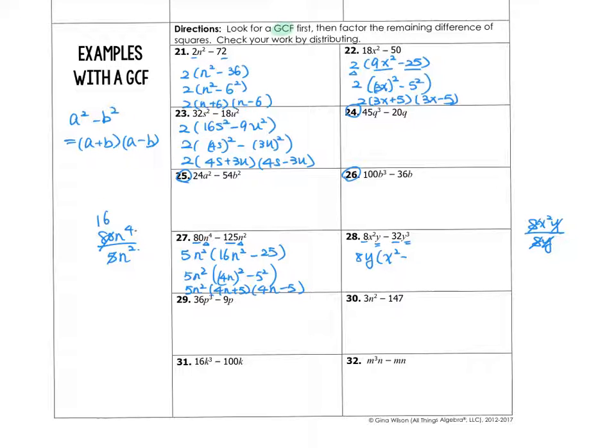Then 32 divided by 8 is 4. y cubed divided by y, 3 minus 1, I have y squared, right? If I were to rewrite this into a square, it's 2y, the whole thing squared. And now it's 8y times x plus 2y times x minus 2y.